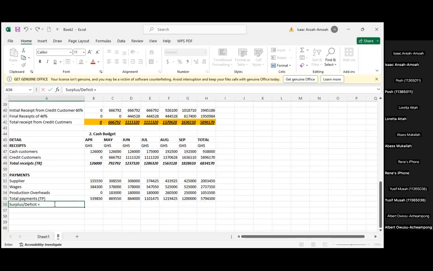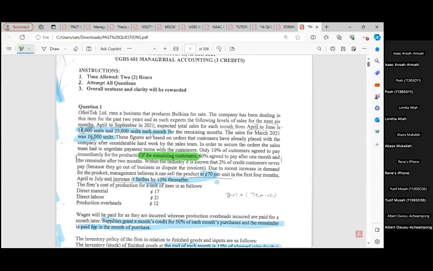I wish I could pick up on other questions, but I don't know why my question here is not showing. Sorry. I think I'm tired. All right, so this is it. Wages will be paid for as they are incurred, whilst production overhead costs, overhead incurred, are paid for a month later. Okay. All right, thank you.